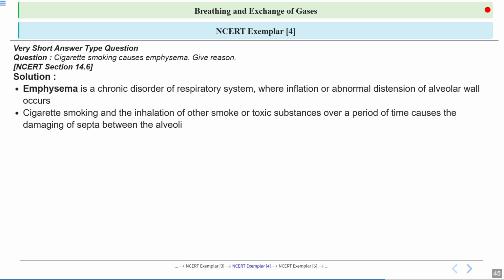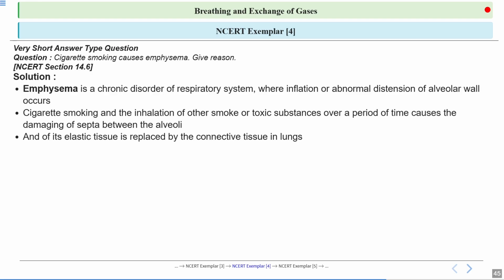Cigarette smoking and inhalation of other smoke or toxic substances over a period of time cause damage of the septa between the alveoli, right? There are many septa that are attaching the many alveoli. So that septa get damaged, and ultimately it damages the alveoli. And the elastic tissue is replaced by the connective tissue in the lungs.